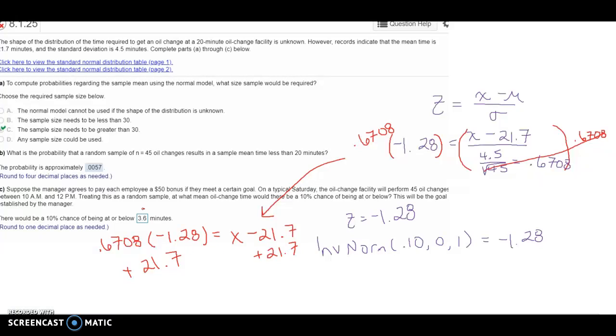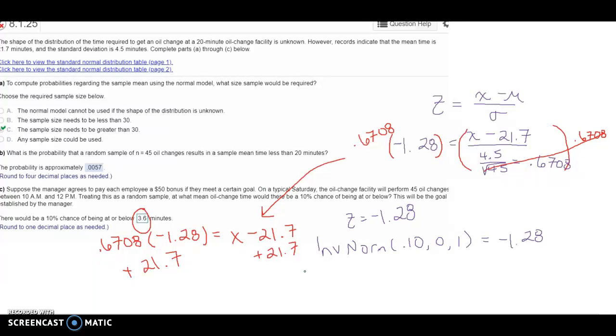And so that should give you that. I don't think the answer is 3.6. That seems way too tiny. But whatever your denominator was, 0.6708 multiplied by your z-score, negative 1.28, equals x minus 21.7, and then add the 21.7.